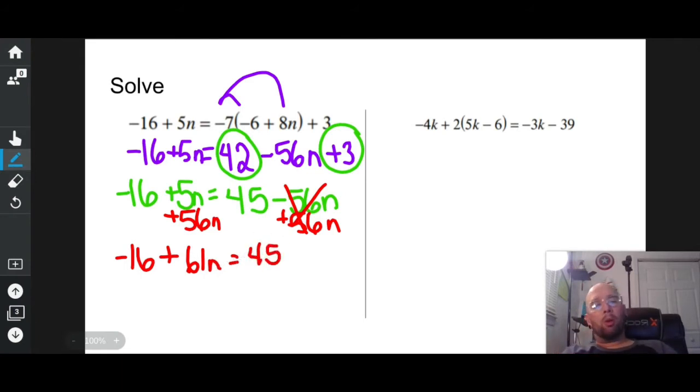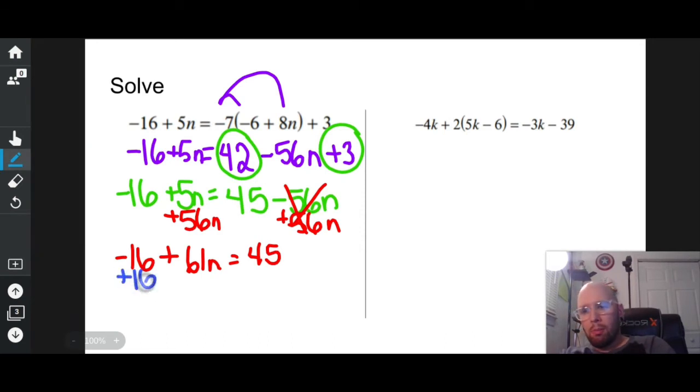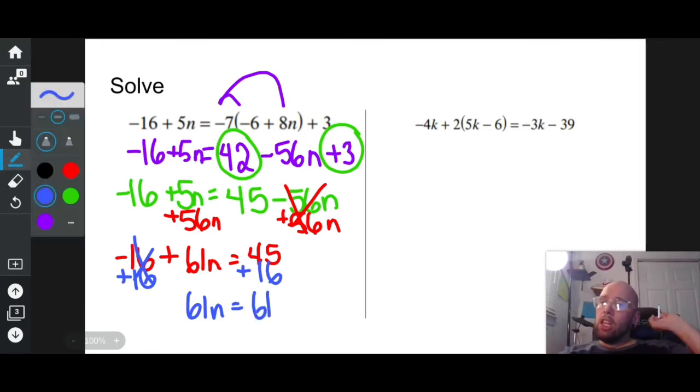Now it's a two-step equation. I'm going to add 16 to both sides. 61n equals, who would have thought, 61. Is n all by itself yet? Nope.